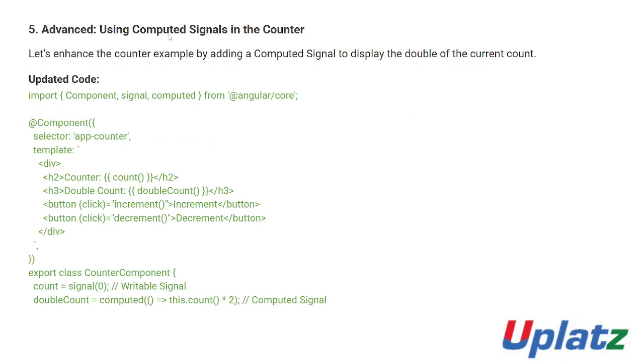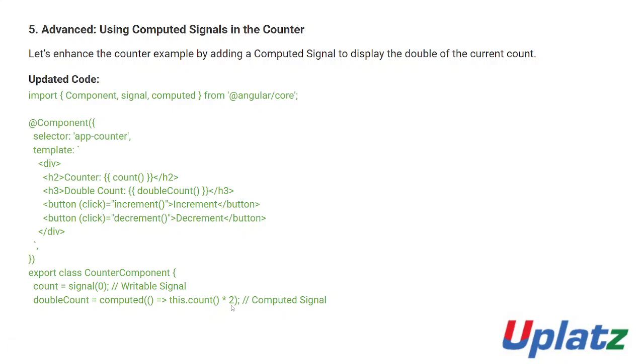Advanced: using computed signals in the counter. Let's enhance the counter example by adding a computed signal to display the double of the current count. Import component, signal and computed. We have already done this. Then computed is like that.